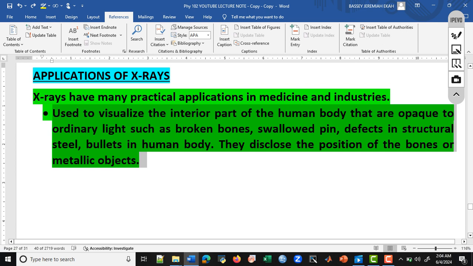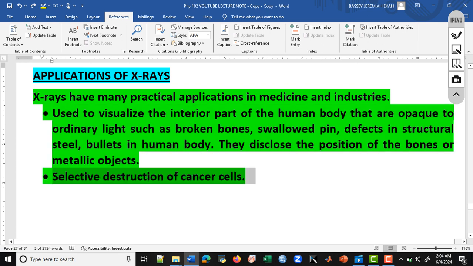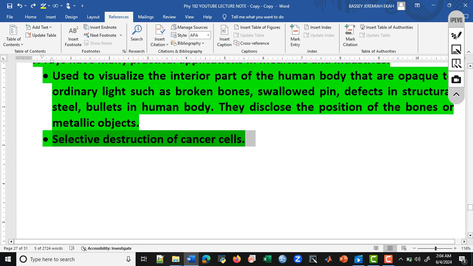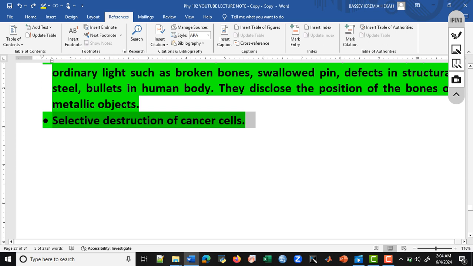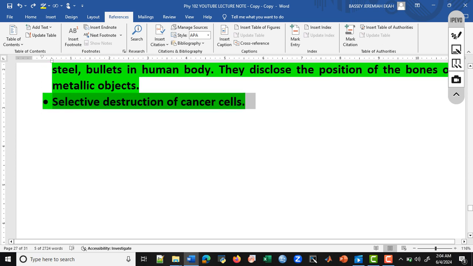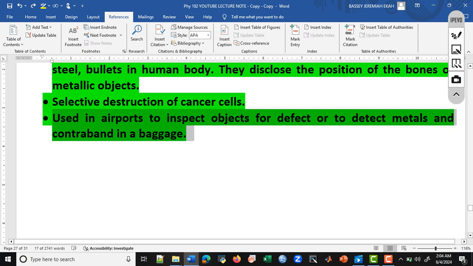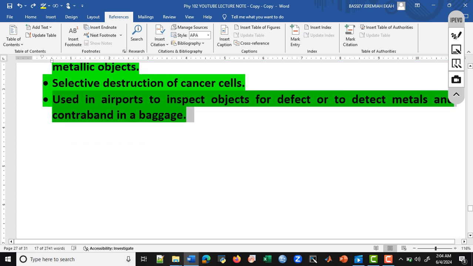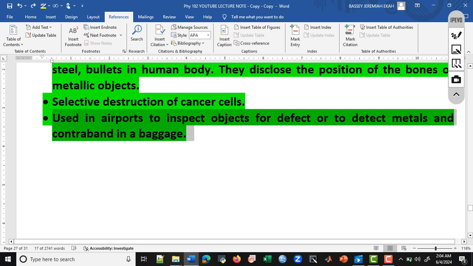So let's move to the next application. They can destroy cancer cells. They are used in airports to inspect objects for defects or detect metallic objects and contrabands in baggages.